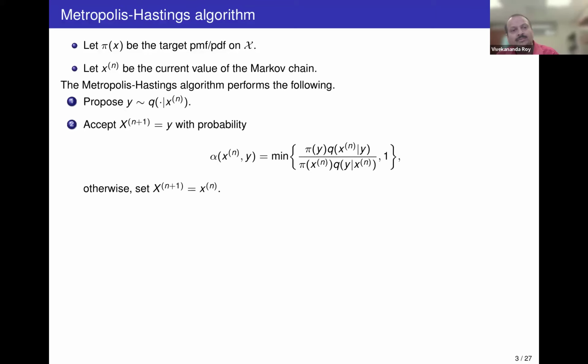And as you can see, that probability alpha, which I'm writing here, depends on pi only through the ratio. So the normalizing constant of pi cancels out, right?